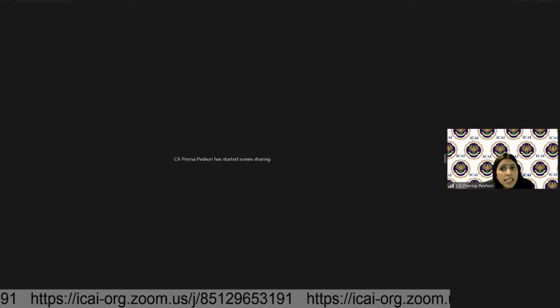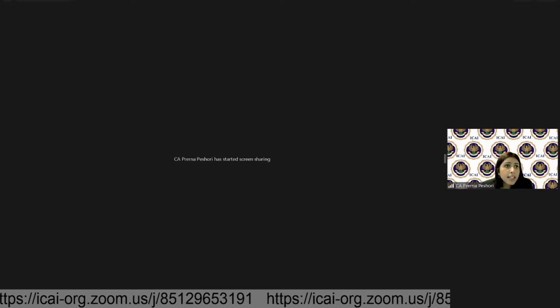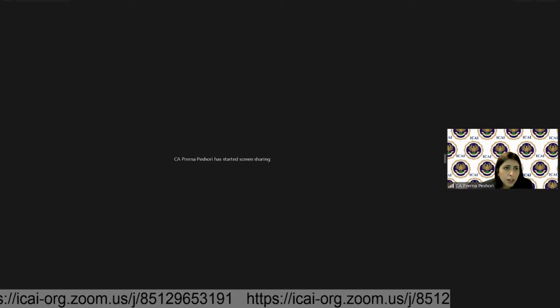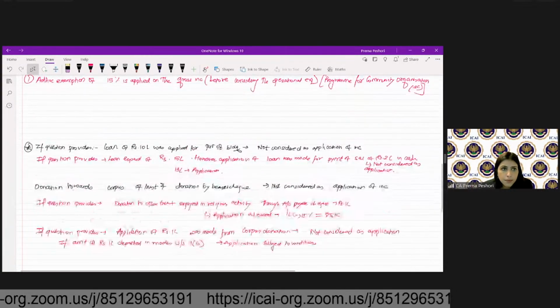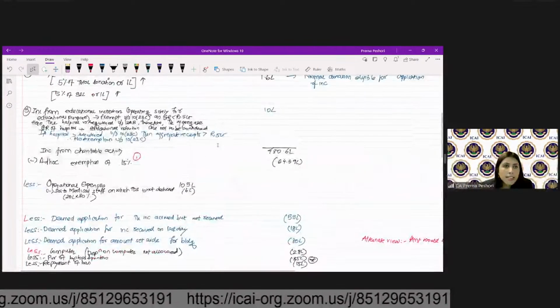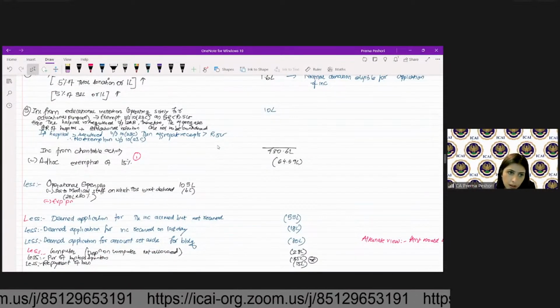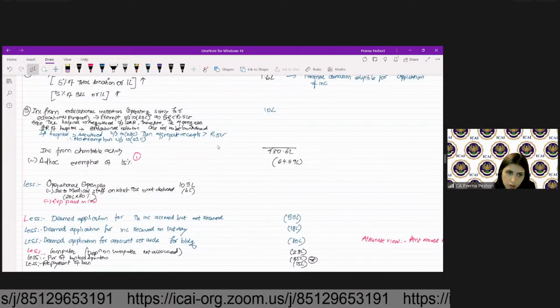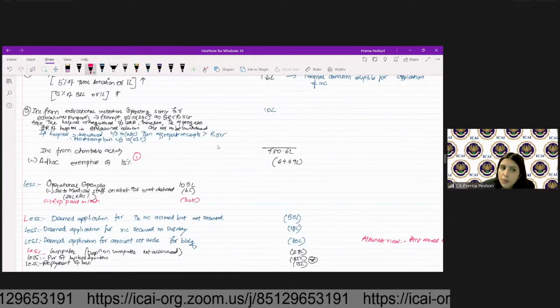Or expenditure is incurred during the year but not paid. So in that case, that will also be disallowed. So let's say, for example, I'm assuming over here, expenditure paid in cash. So then in this case, 30,000 will be reduced.